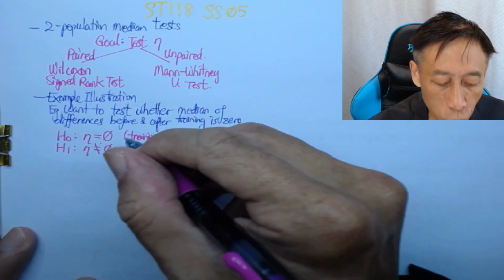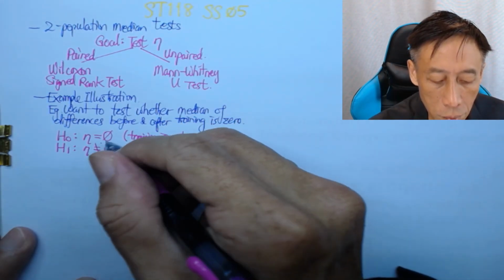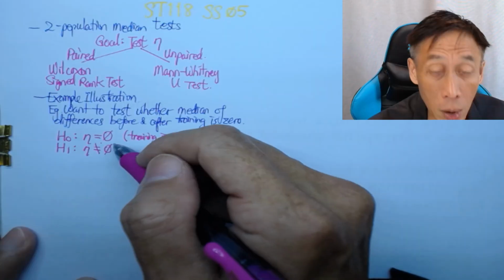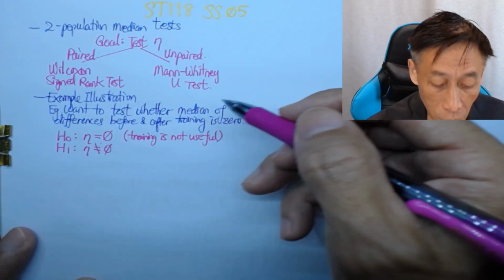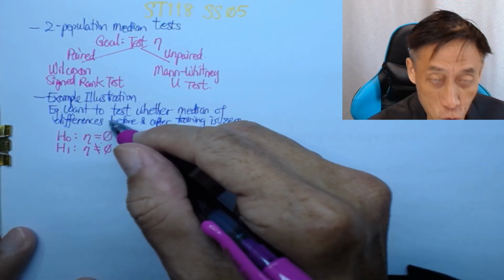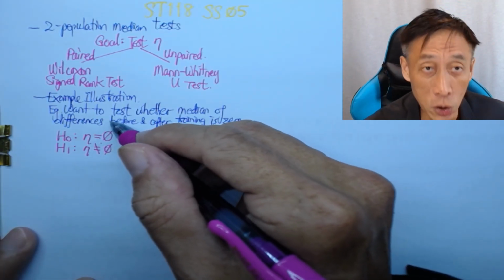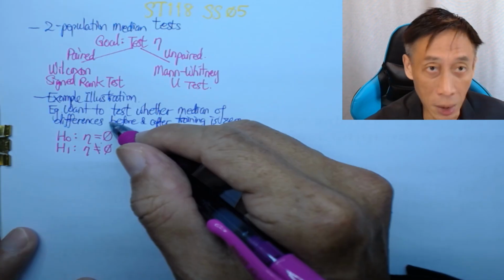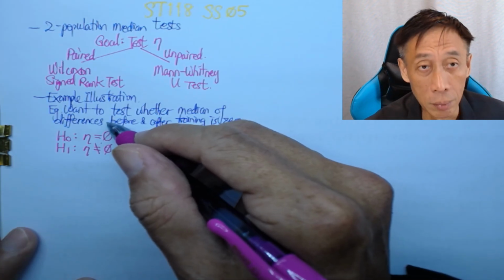So we are going to convert to test scores or something. So the measurements, right? So the median of differences of measurement of test scores or performance scores or examination scores for the employees before and after.